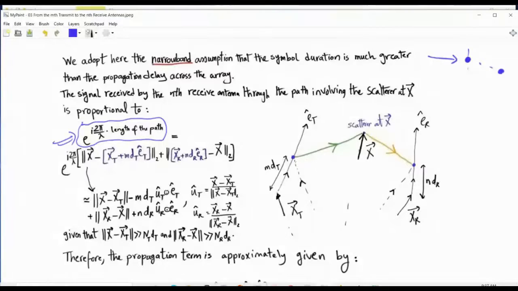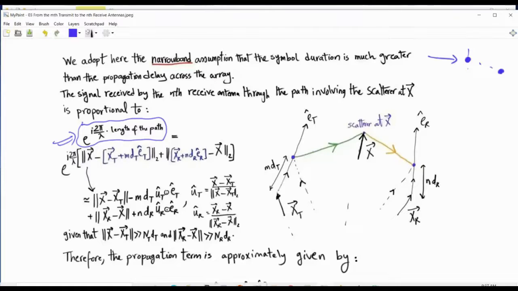So the signal travels to this scatterer, and then from this scatterer to the receive array, and the signal will get a phase factor equal to e to the i 2 pi over lambda multiplied by the length of the path, which is the sum of two vectors. So we are talking now about the length of the green vector and the length of the orange vector. Okay?